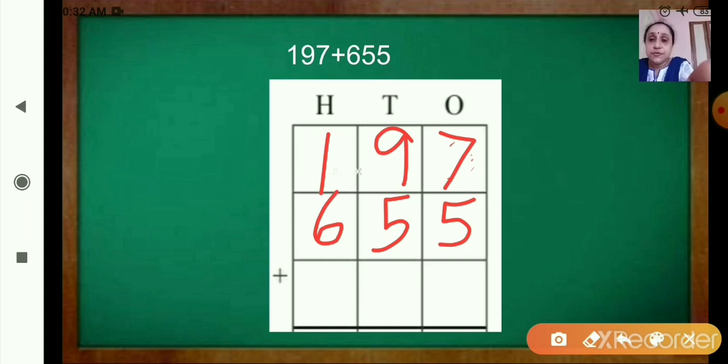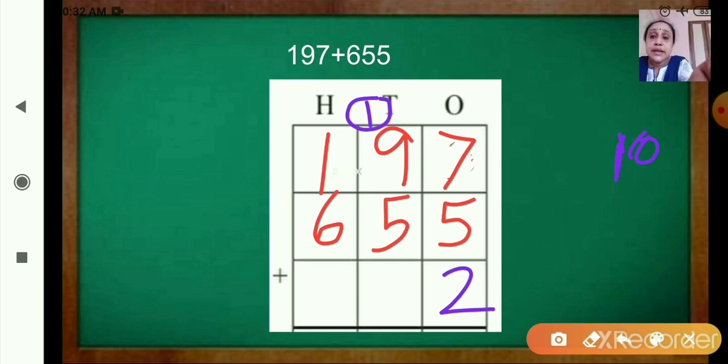7 plus 5. Yes, 12. So what do we have to do with the 1? You will write 2 here and 1 will be carried over here. 1 plus 9. Do the rough work, children. 1 plus 9. How much are you getting? We are getting 10.